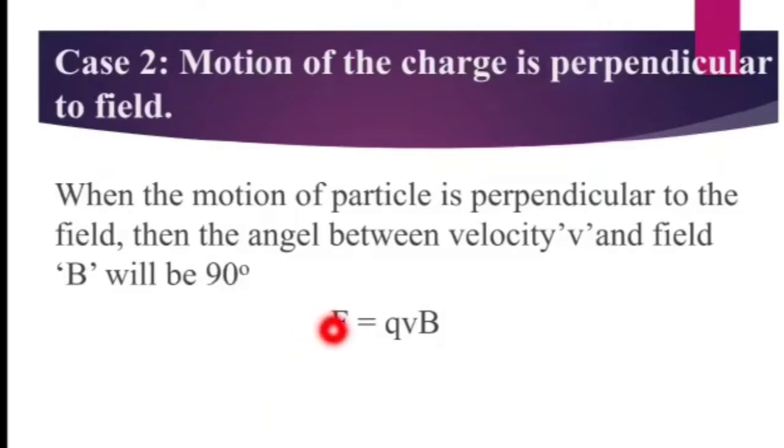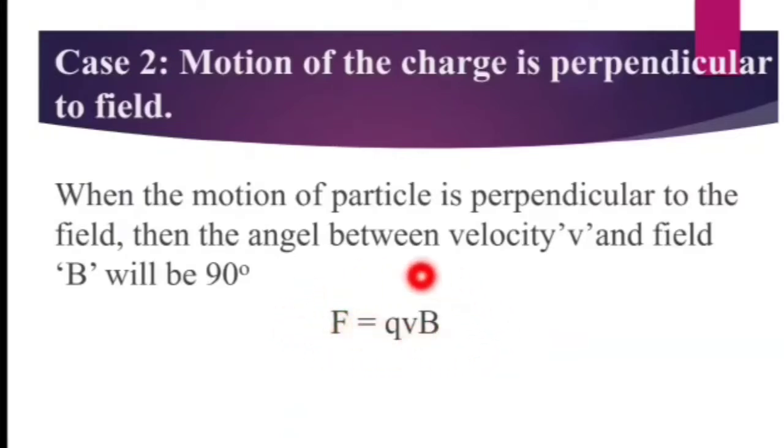That is, F is equal to QVB sin theta becomes F is equal to QVB sin 90. We know that sin 90 has the value 1, therefore the total force simply becomes F is equal to QVB. So this is the magnitude of the force that our particle experiences when it is entering perpendicular to the field.